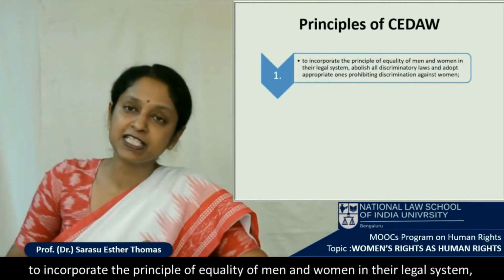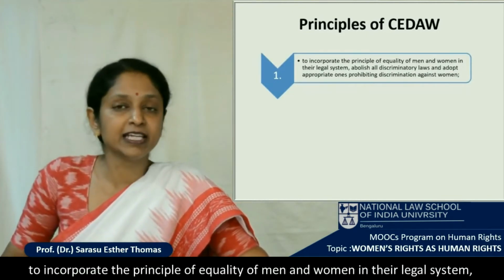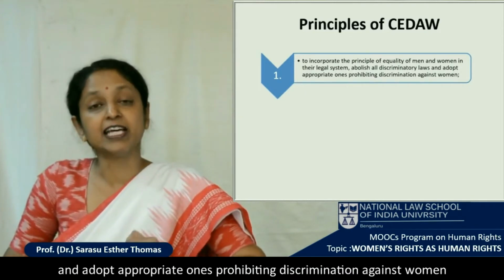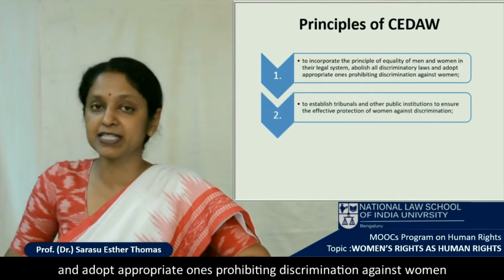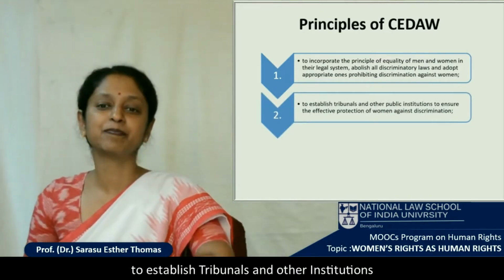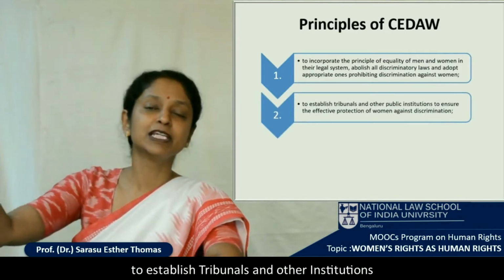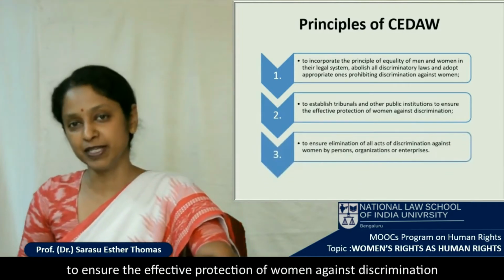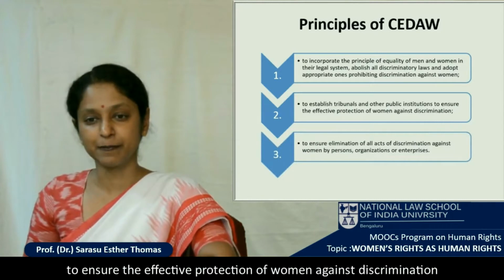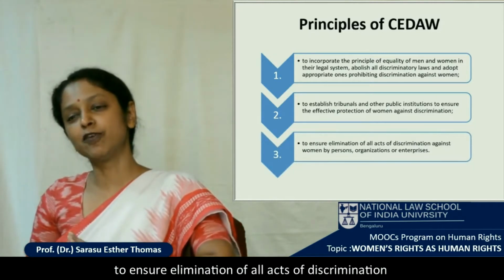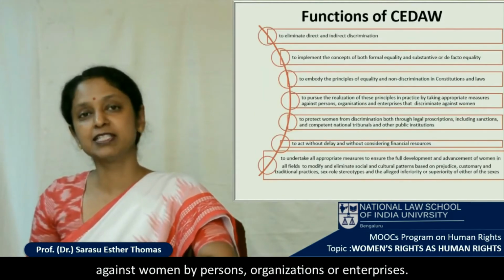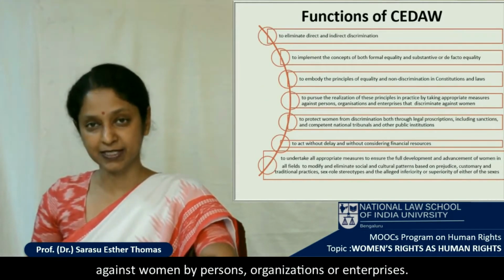To incorporate the principle of equality of men and women in legal systems, abolish all discriminatory laws, and adopt appropriate ones prohibiting discrimination against women. Then to establish tribunals and other institutions to ensure effective protection of women against discrimination, and to ensure elimination of all acts of discrimination against women by persons, organizations, and enterprises.